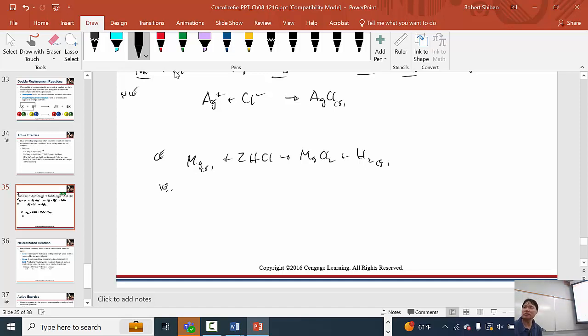Magnesium, is that a strong acid? Yes or no? No. Is that a strong base? No. Is that a soluble salt? No. So just don't do anything. If they're soluble, we'd break it up into ions. Is HCl a strong acid?